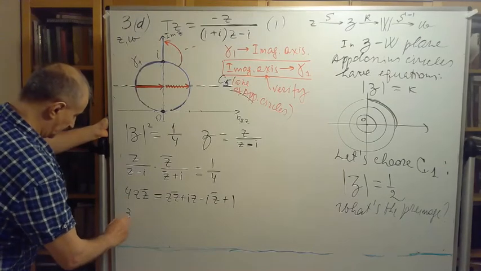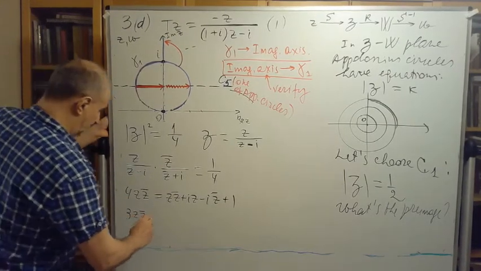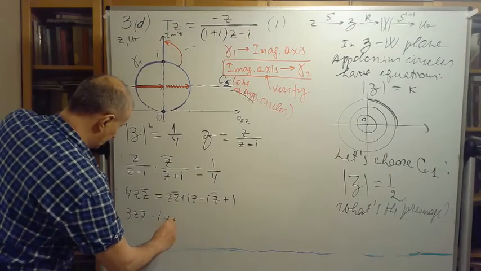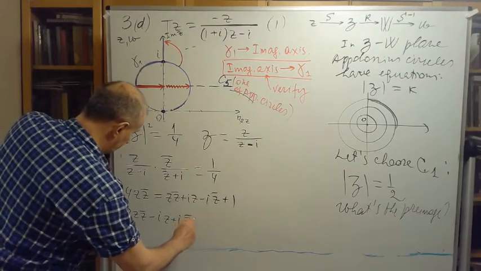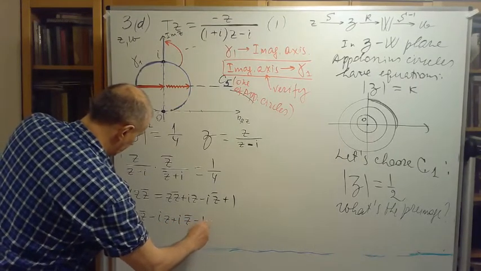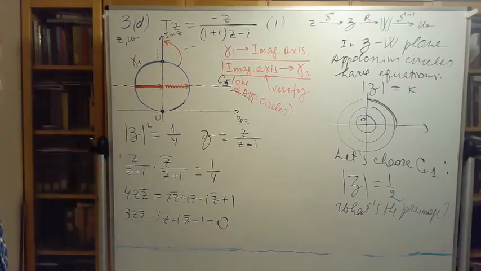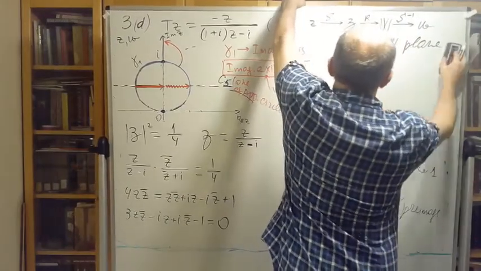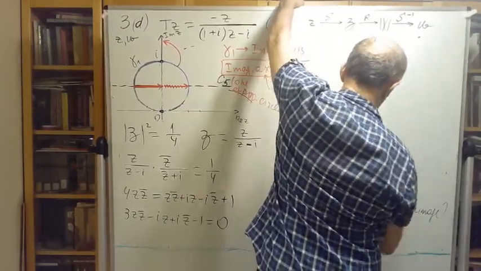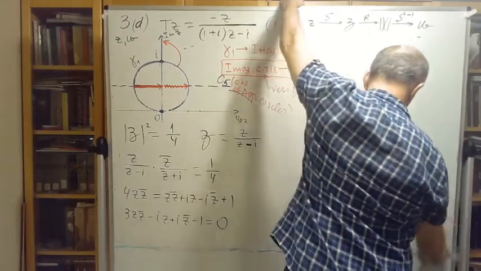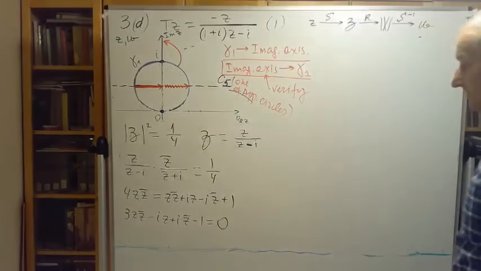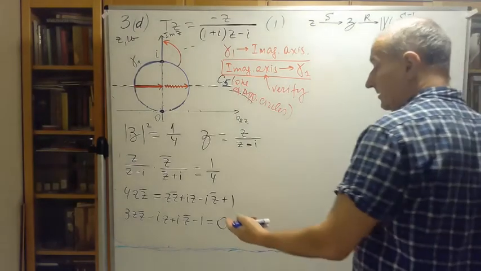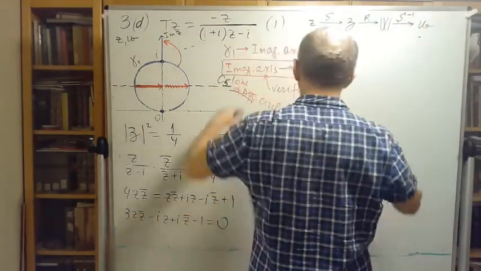We will have 3z z conjugate minus I z plus I z conjugate minus 1 equals 0. Right? And then I will multiply by 1/3 and then complete the square as we always do.